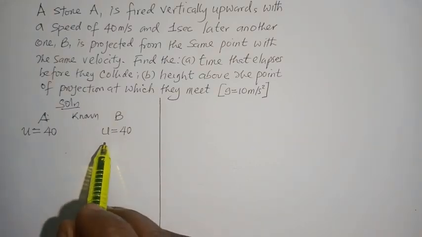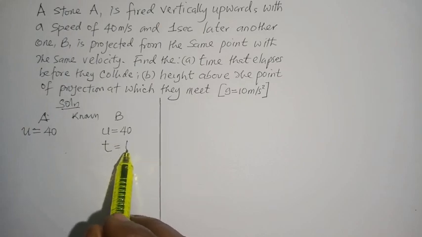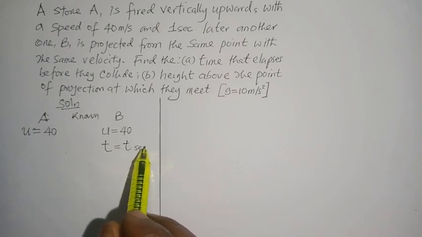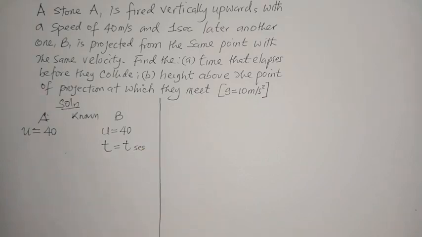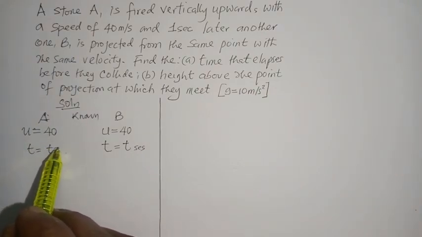So if stone B is in space for time t seconds, I'm using stone B as my reference for timing, then stone A will have been in air for a time of t plus 1.